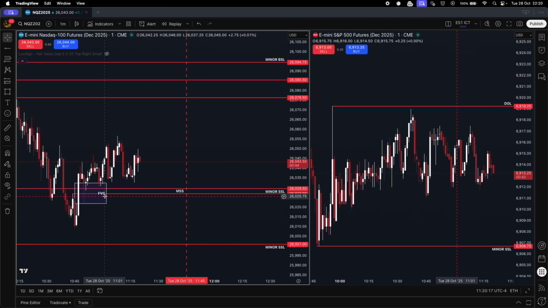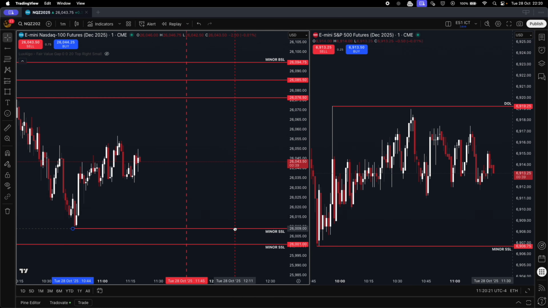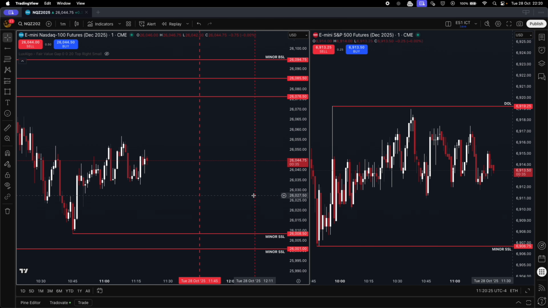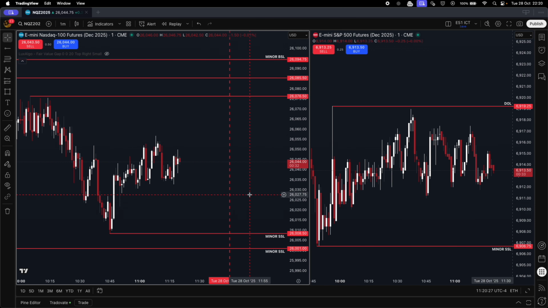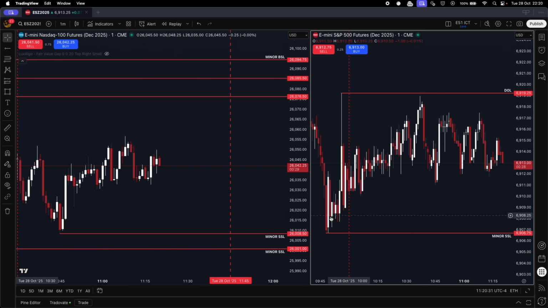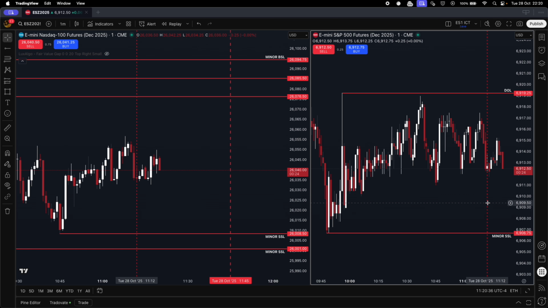So if we mark out a point of sell side there, we'd like to see minor sell side get taken out, accumulation, manipulate below the low.